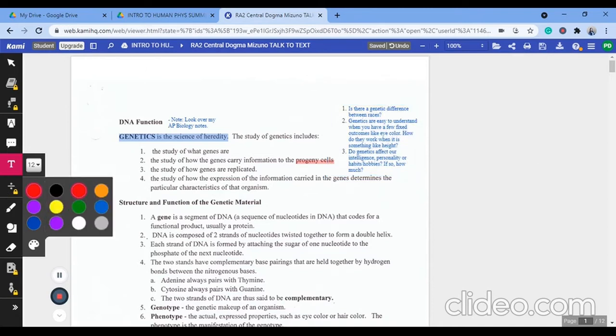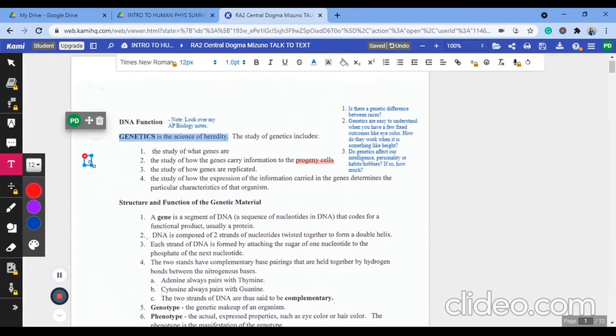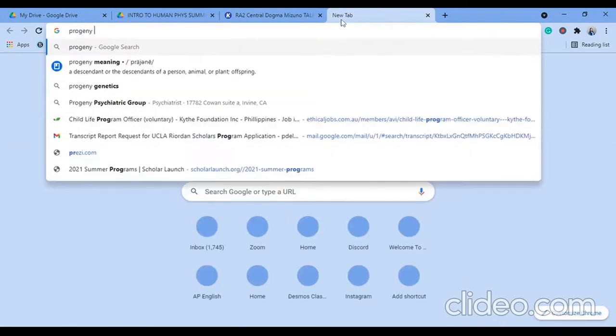Actually, I think it's a pretty good idea to search the meaning of progeny cells right now, so I can show you my annotation process, which includes searching for the meaning of unfamiliar words as well. So, progeny cells meaning.